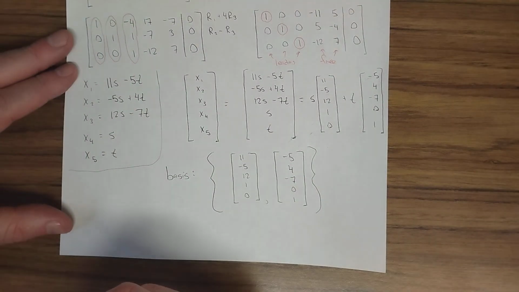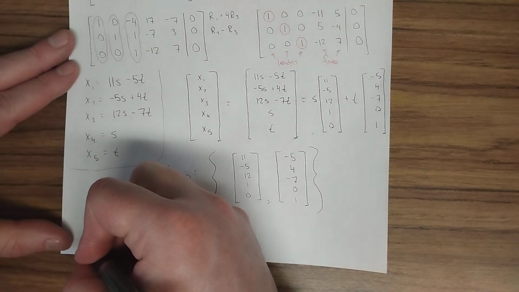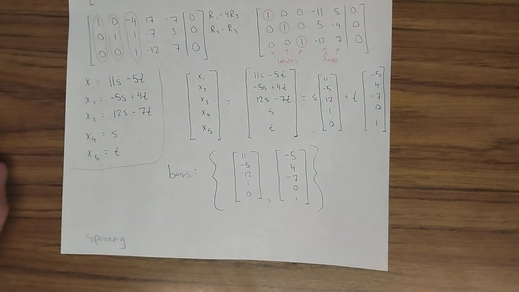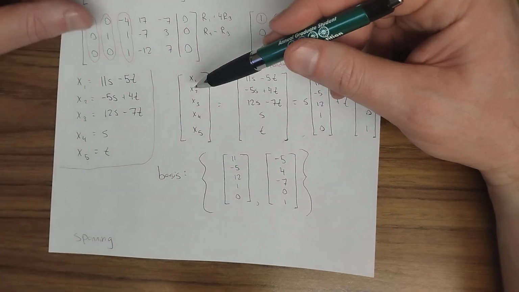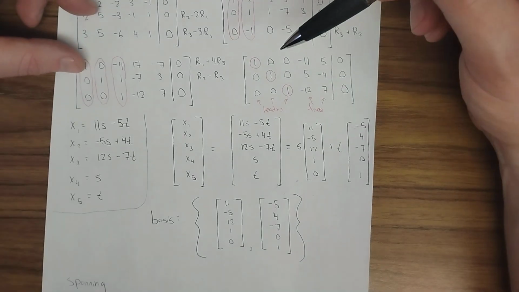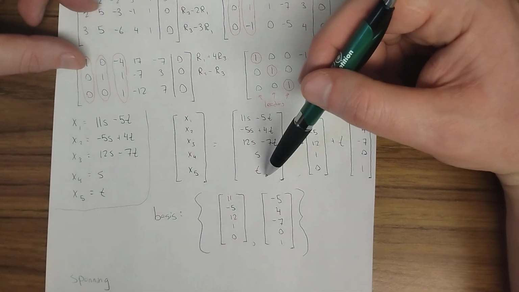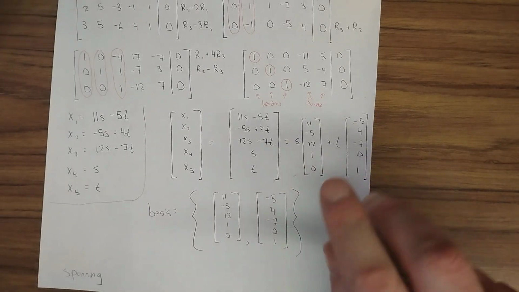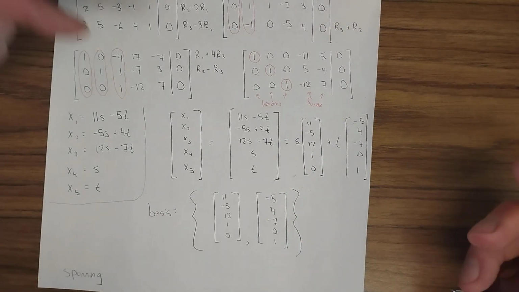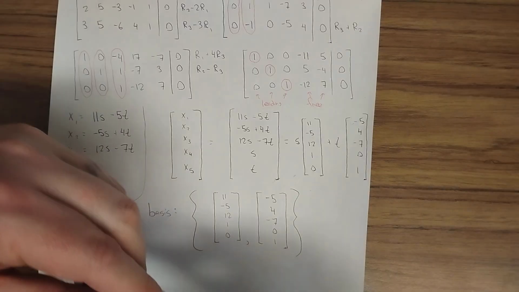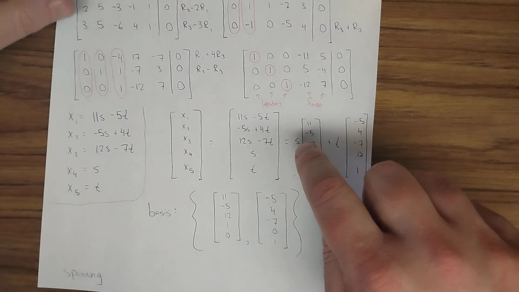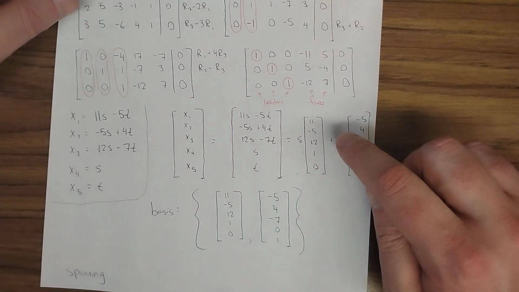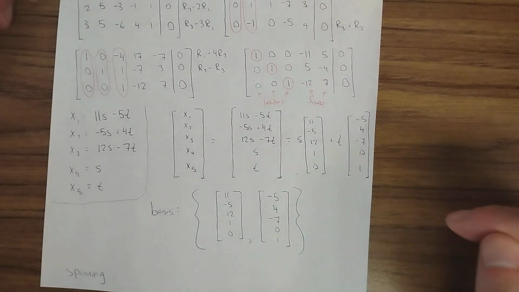Here, I'm going to say a lot of stuff out loud, but I'm not going to write it down. First, let's check that it's spanning. Well, we already determined that any solution to our system can be written in this form. And what does it mean to be spanning? It means that any member of our vector space, which is a solution to this system, can be written as a scalar times my first basis element plus another scalar times my second basis element.